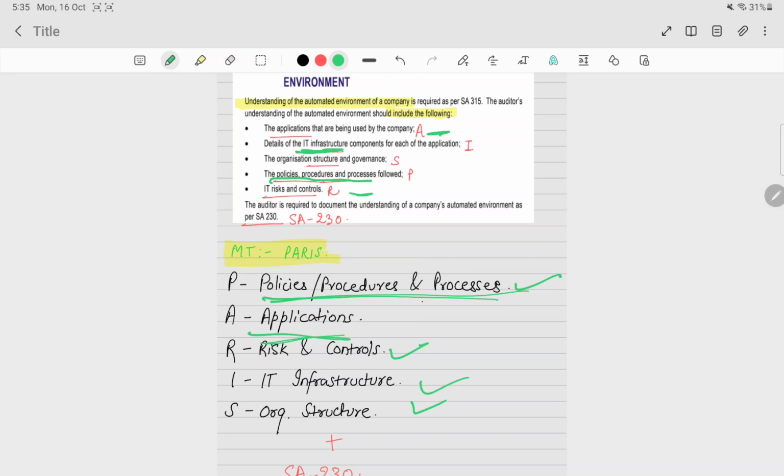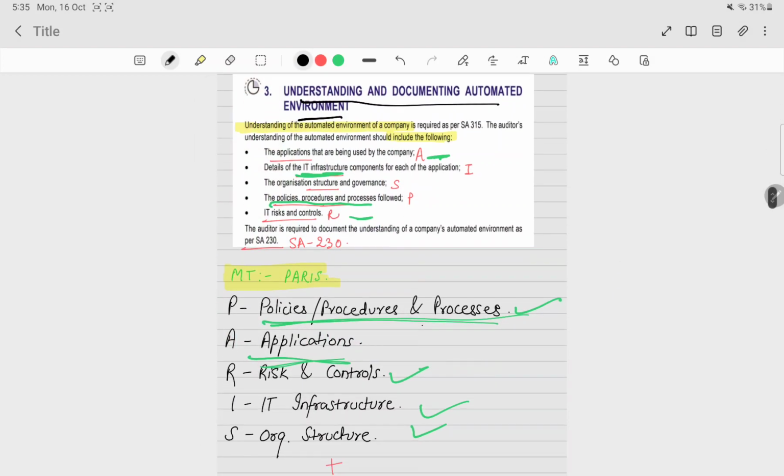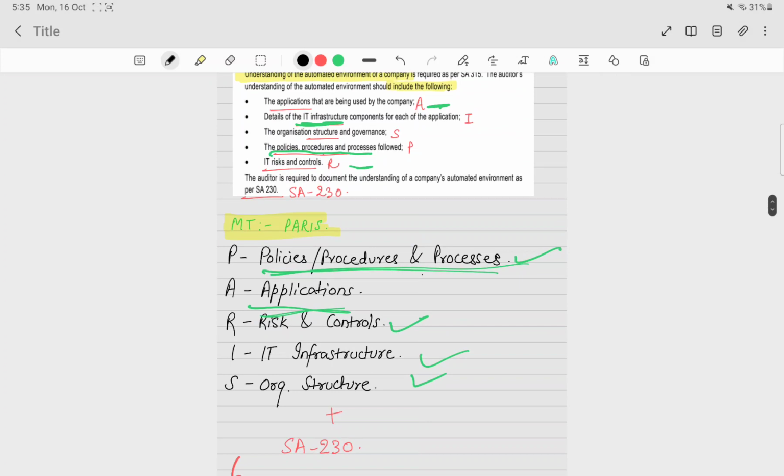So what is the memory trick for understanding? The question is, you have to remember the question also, that is very important. So understanding and documenting automated environment, we can do this by the memory trick Paris. P stands for policies, procedures, processes. A goes for applications. R goes for risk and controls. I stands for IT infrastructure, and S for the structure, that is organization structure.